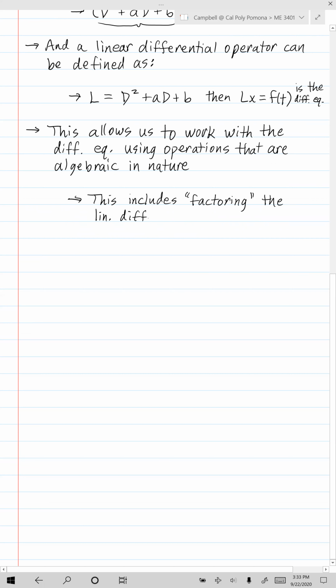Here, I'll just shorten that down. And we can do that if the coefficients are constant.